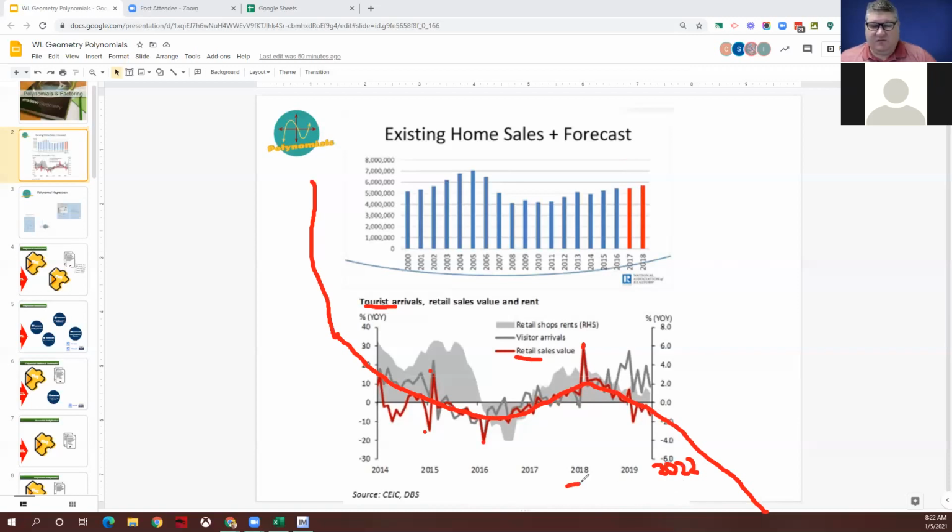Because remember, this is 2018, this is 2019. Where's 2022 going to be? Up here, in the middle, or down here? Low. I would agree because it looks as if it's headed down somewhere. So it's probably going to go low.